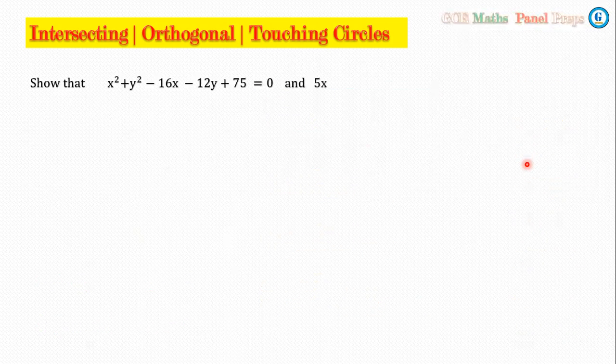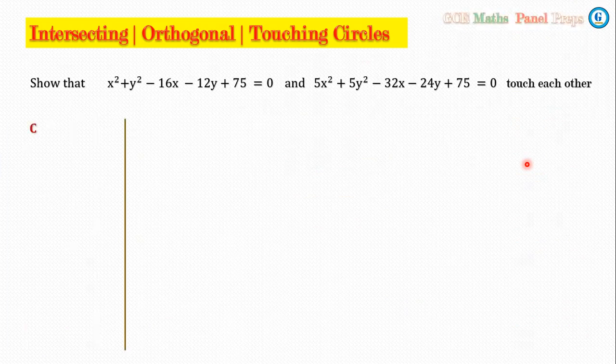Now show that this circle and this other circle touch each other. I want to show that these two circles touch. First of all, the first circle C1 has center (8, 6) and radius 5. C2 has center (16/5, 12/5) and radius 1.